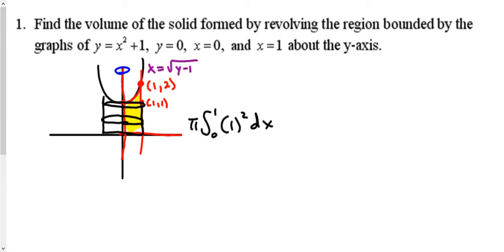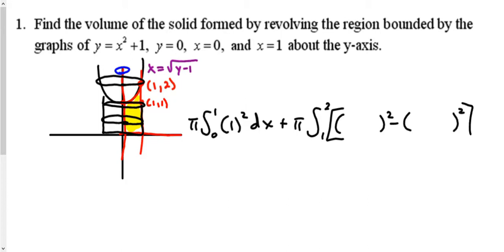Right. Now the rest of the way, we're going to have the big circles. Maybe I'll keep these black. We get all the way here, and we're going to have those big circles. So I'm going to do pi times the integral from 1 to 2. But for the rest of this, I'm going to have my big circles minus the little circles. It's going to be hollowed out. And we're going to do this with respect to y. So the big circles still have a radius of 1.